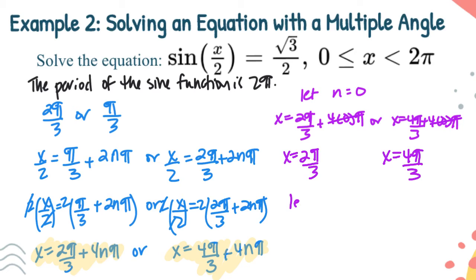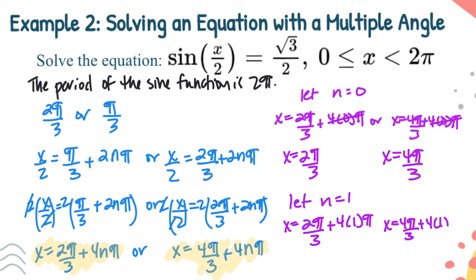So now let's let n equal 1. And we've got x equals 2 pi over 3 plus 4 times 1 pi. And we've got x equals 4 pi over 3 plus 4 times 1 pi. So on the left here, we've got 2 pi over 3 plus 4 times 1 times pi is just 4 pi. And we can't add those till we get a common denominator.